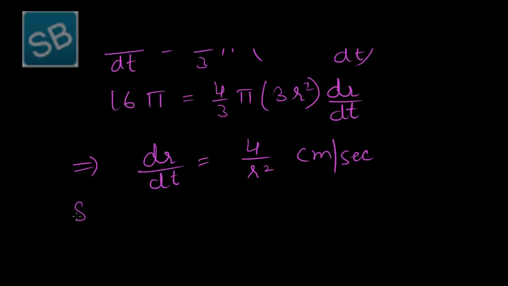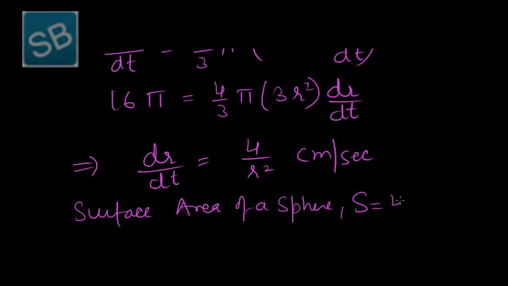Now surface area of a sphere, that is S is equal to 4 pi r square, and we have to find the rate of change of surface area.